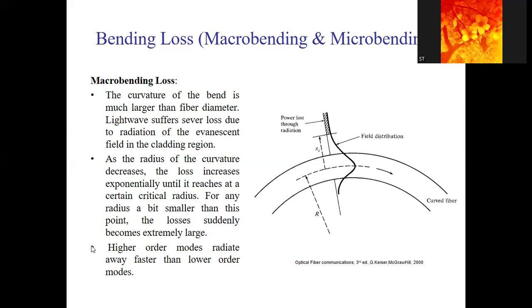This phenomenon can be easily explained by the Bohr theory. In case of macrobending losses, this is more severe for the higher order modes as compared to lower order modes. Here, what is XC?